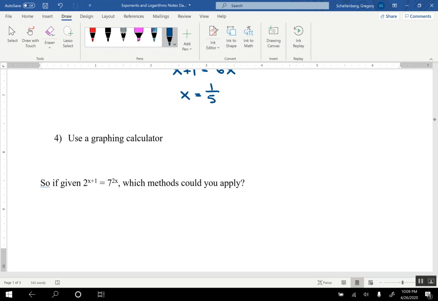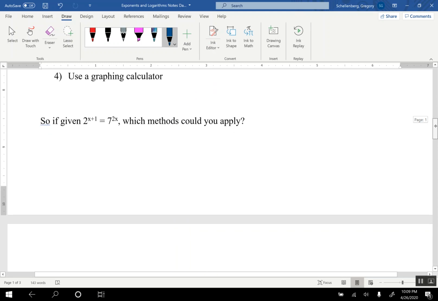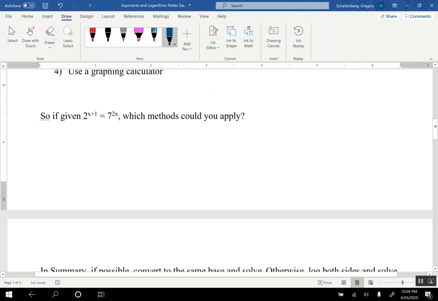Okay, so the next one here, if we were given this equation, 2 to the power of x plus 1 is equal to 7 to the power of 2x, which methods could you apply? Let's look at our first, second, third, and fourth methods.